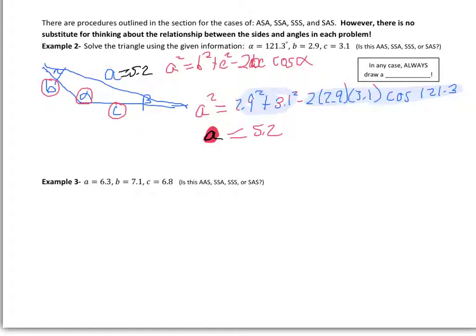Now we can use law of sines to find beta and gamma. We want all the angles, so we'll go the sine of 121.3 over A, which we just found is 5.2, equals the sine of beta over B, which is 2.9, equals the sine of gamma over C, which is 3.1.